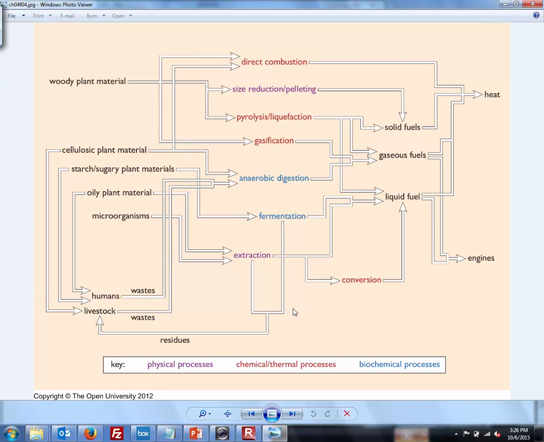Okay, so what we're looking at is figure 4.4, making use of biomaterials. So there's a wide variety of classes of biomaterials, first of all. Everything sort of here on the left is sort of biology, if you will.